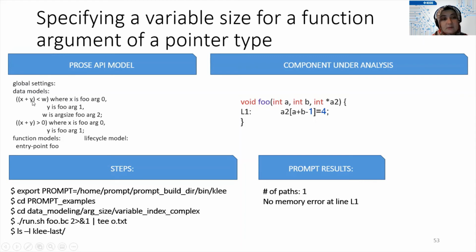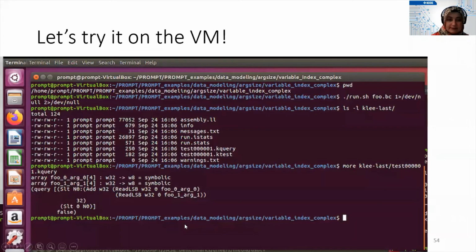And we say x plus y is smaller than w, where w is the size of the third argument, which is an array. And also that x plus y is greater than 0. Once we define a and b this way, we can use a plus b minus 1 as a valid index. Again, no memory errors. Again, no if statement, so we should also not expect to see any constraint in the KQuery file. So if you can go to the variable index complex directory.